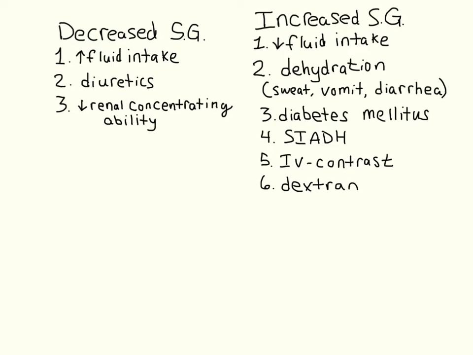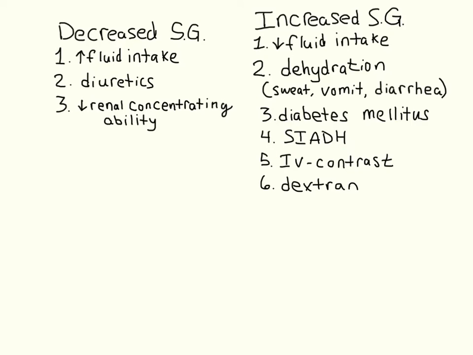The most common causes to have a decreased specific gravity are increasing fluid intake, number 1, diuretics, number 2, and decrease in renal concentrating ability. The most common reasons for an increased specific gravity are decreased fluid intake, dehydration, which I'm referring to sweat, vomit, and diarrhea, diabetes mellitus, so you're urinating out sugar, glucosuria, so that would make sense that the specific gravity would be higher with sugar inside of it.